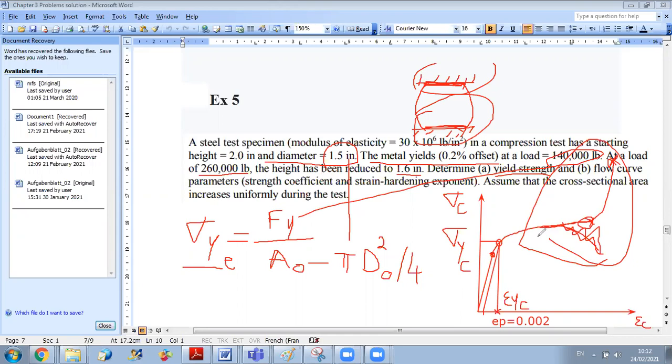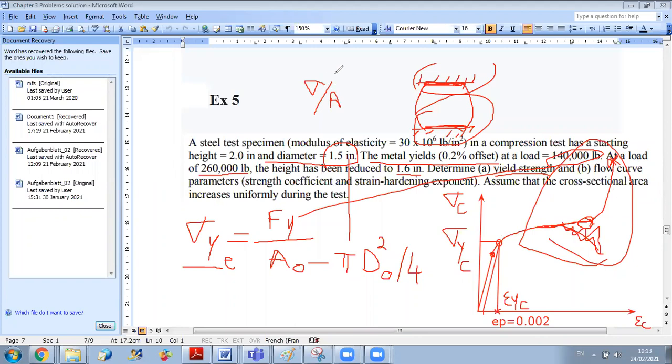Now in the true curve, we don't see this. Why? Because in the true curve, we do sigma over not A0 but the actual area. You have two effects: the effect of force increase, but at the same time the effect of area increase.